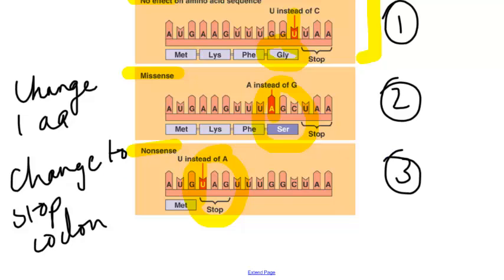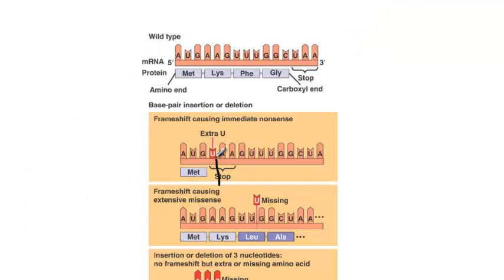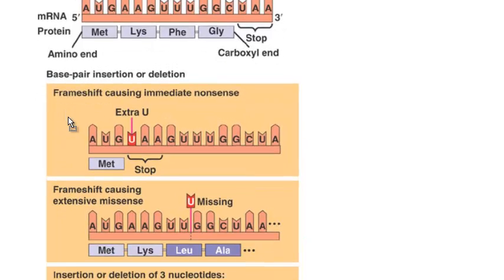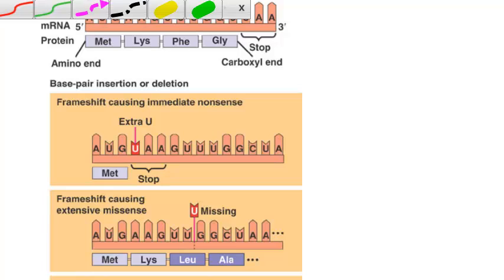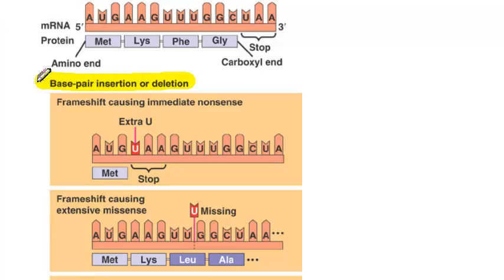A few other possible types of mutations. Again, we're still working with this original type of DNA. This time, we're going to take the DNA and do an insertion, which is adding a base, or a deletion, which is taking out a base.